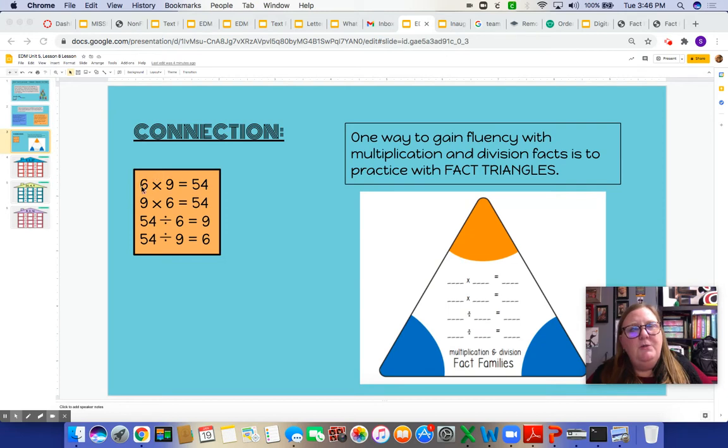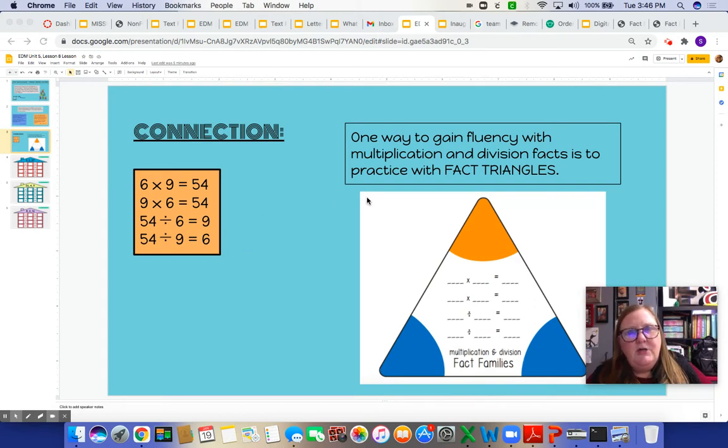So we have the 2 multiplication problems. We simply flip and give the product first. So 54 divided by 6 equals 9, or 54 divided by 9 equals 6. You're using the same 3 numbers, making a fact family.